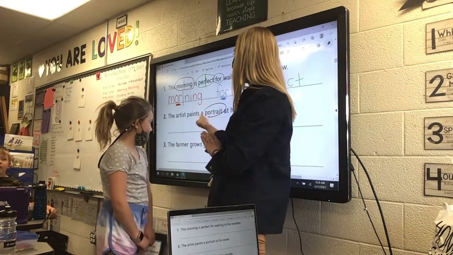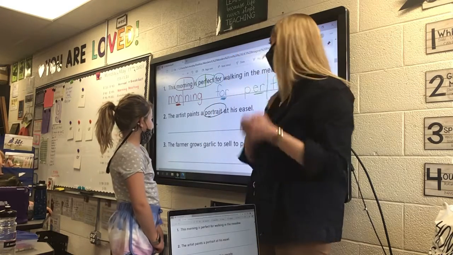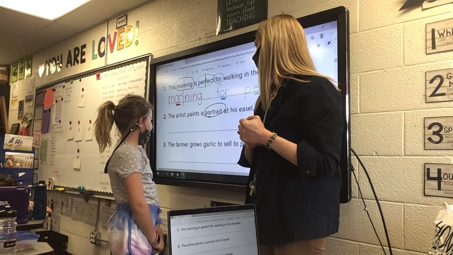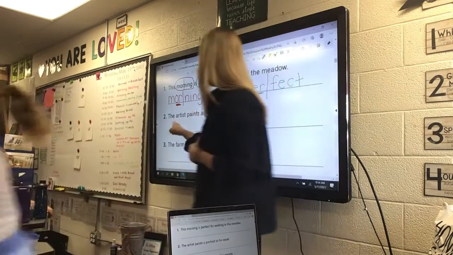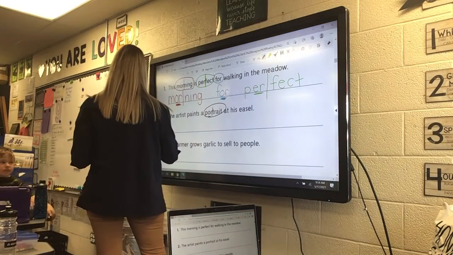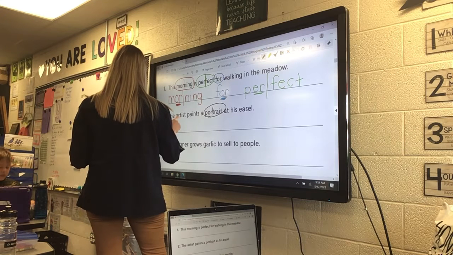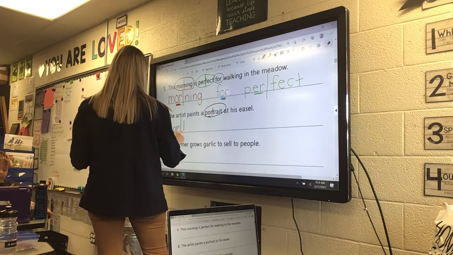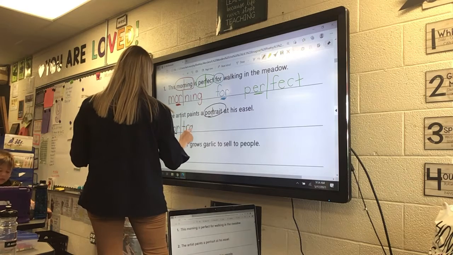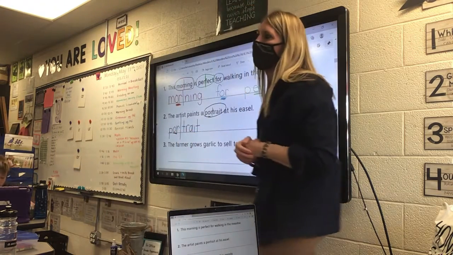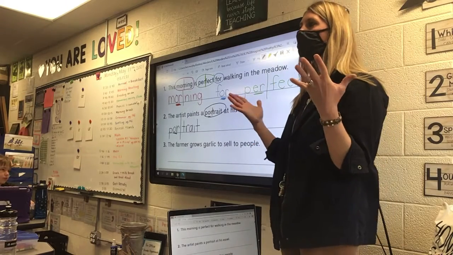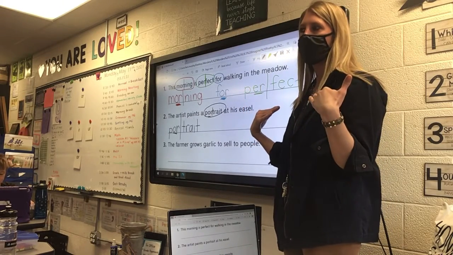So let's circle that. Lila, where should I divide that? Yes, good job. Okay, so por, P-O-R. And then we have another syllable, trit, which it looks like it should be trait, but that's not how we pronounce this word.